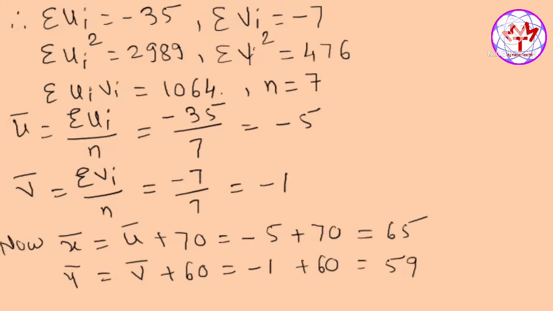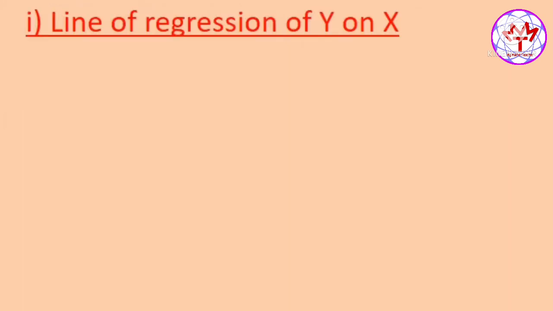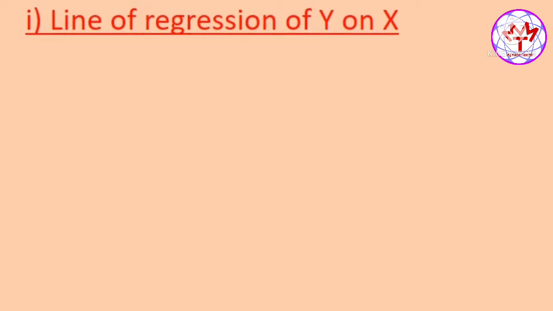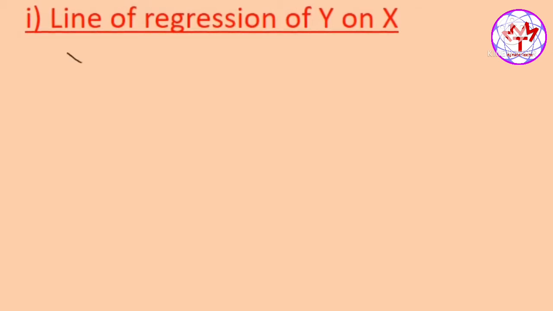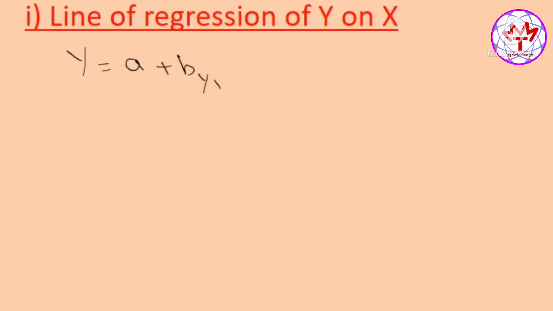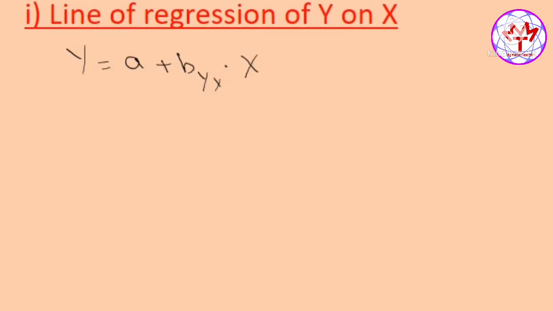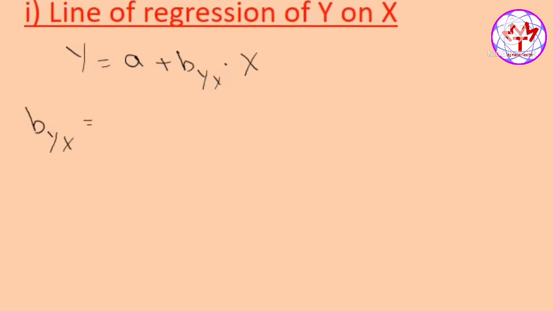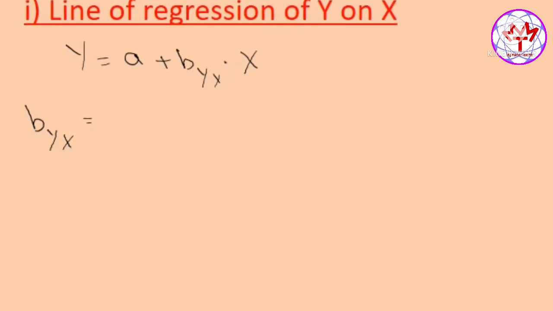So as usual, now we can find out the line of regression of y on x and then x on y. So let us first obtain the line of regression of y on x. Now we know that the line of regression of y on x is given as y is equal to a plus byx into x. So we need to calculate byx and a first. Now byx, we have already written that the change of origin does not affect the value of the coefficient of regression.